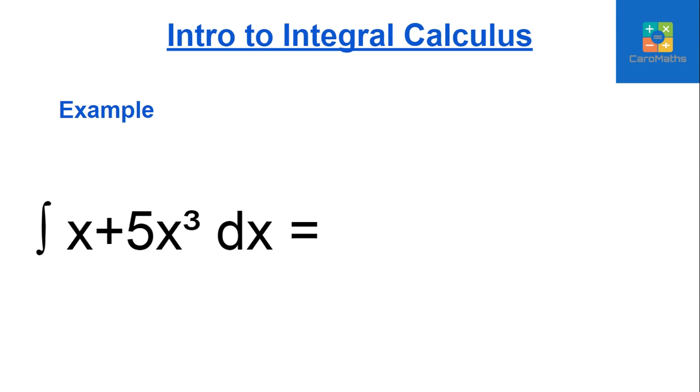So here we've got x, so add 1 to the power and divide by the power so formed. So it's x squared over 2. And then we've got plus 5x cubed. So the 5 we just leave there as it is. And x cubed, we add 1 to the power to get x to the 4, and then divided by 4. So it's plus 5x to the 4 divided by 4.